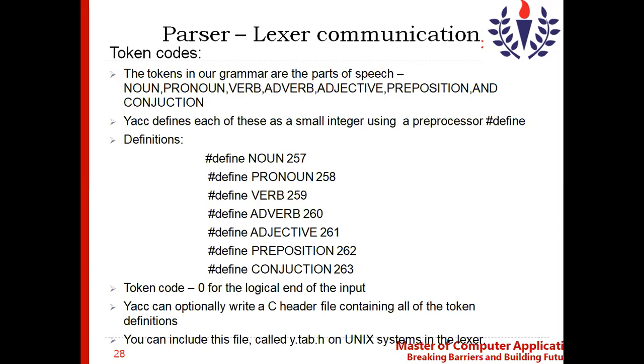Both lex and yak should understand this is a token passed between the lexer and parser. That's why the definition of the token with the token code is on the parser side, and those details should be included in lex as well.